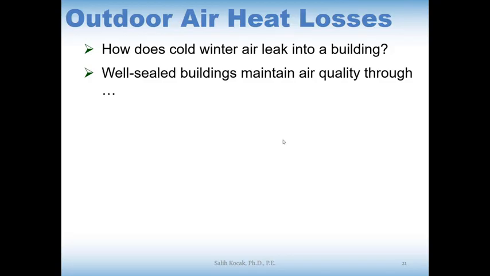And well-sealed buildings actually constantly exhaust indoor air and replace it with outdoor air to maintain the air quality. So it is just the exhaust system, just take the indoor air and replace it with the outdoor air.